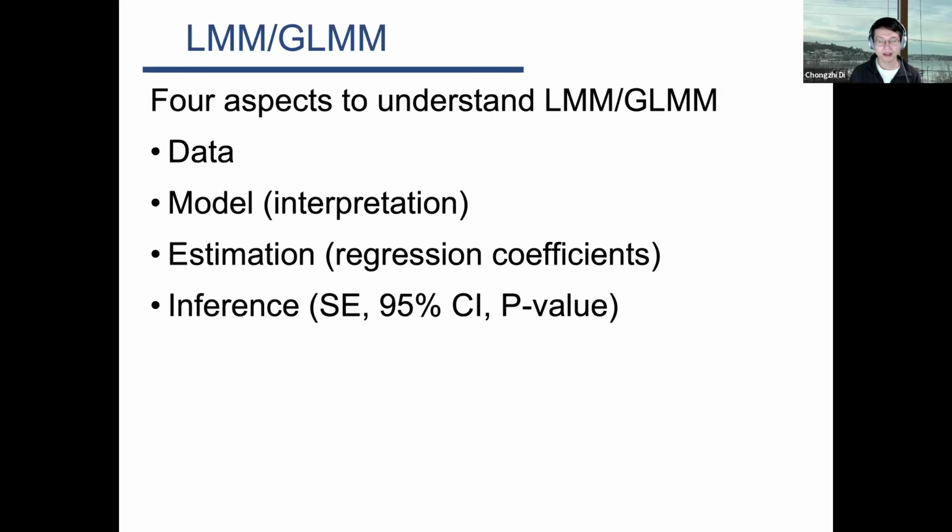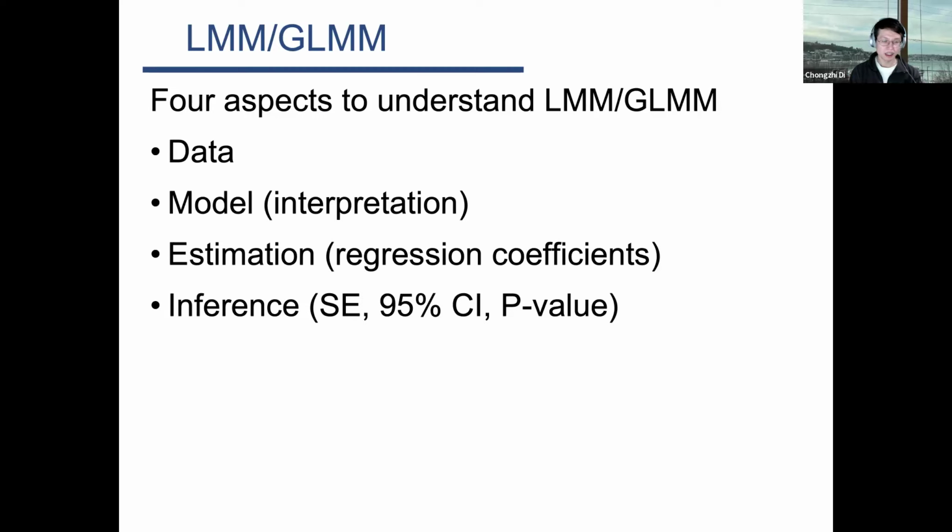So I think I'll get started. For both linear mixed effects models and generalized mixed effects models, there are a few aspects to understand. For any statistical model, you want to know what type of data the model is most suitable for. You also want to understand what the model means, how the model is specified, and how different model components can be interpreted.